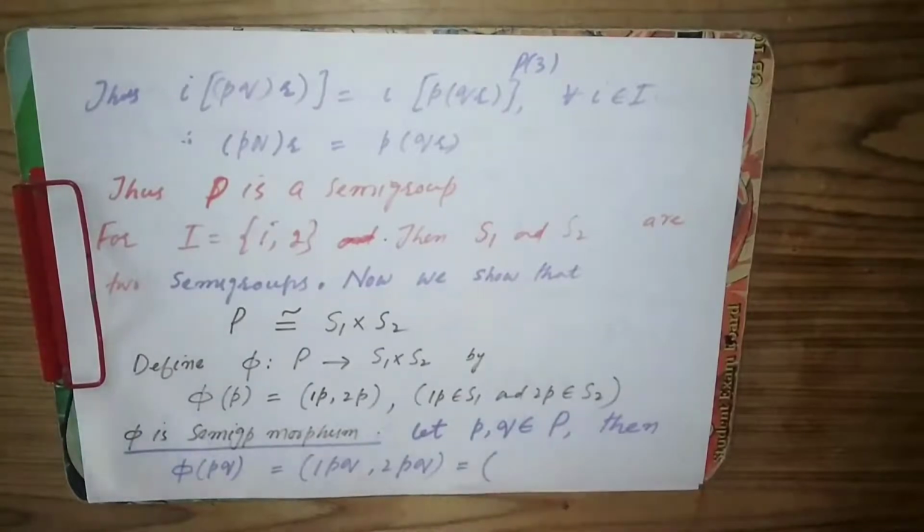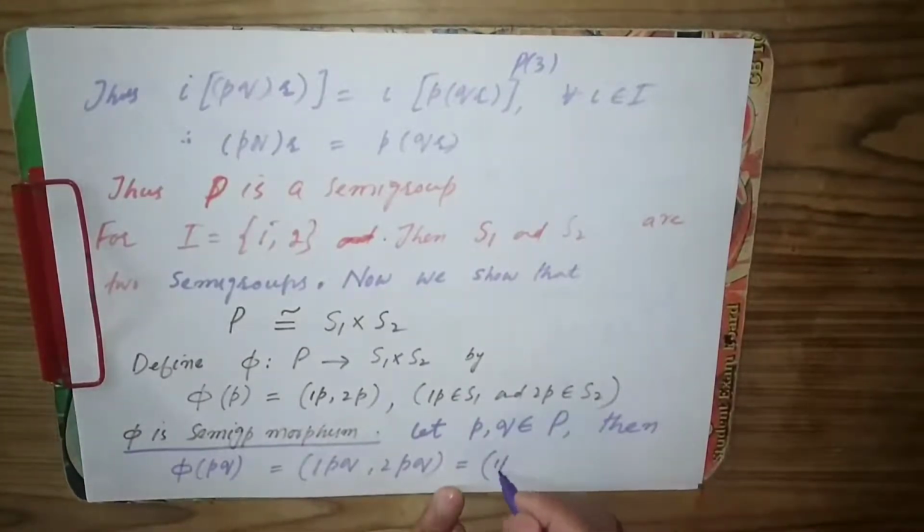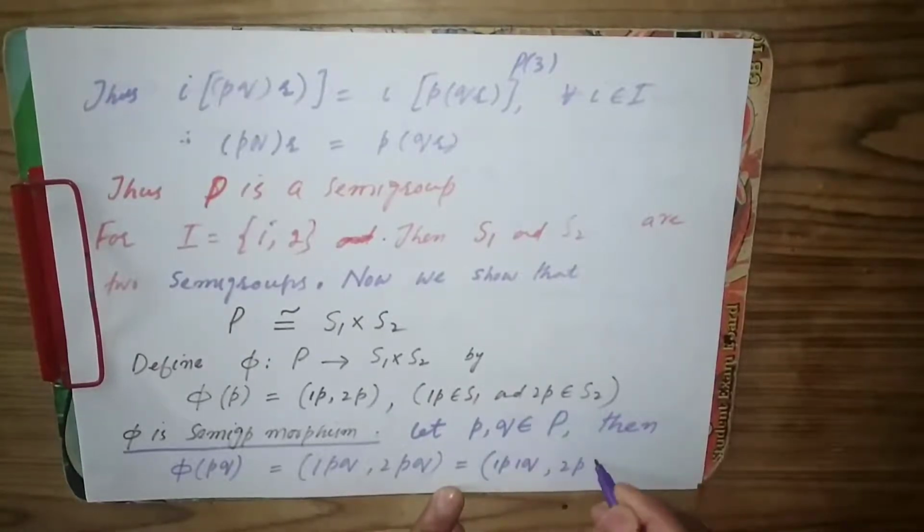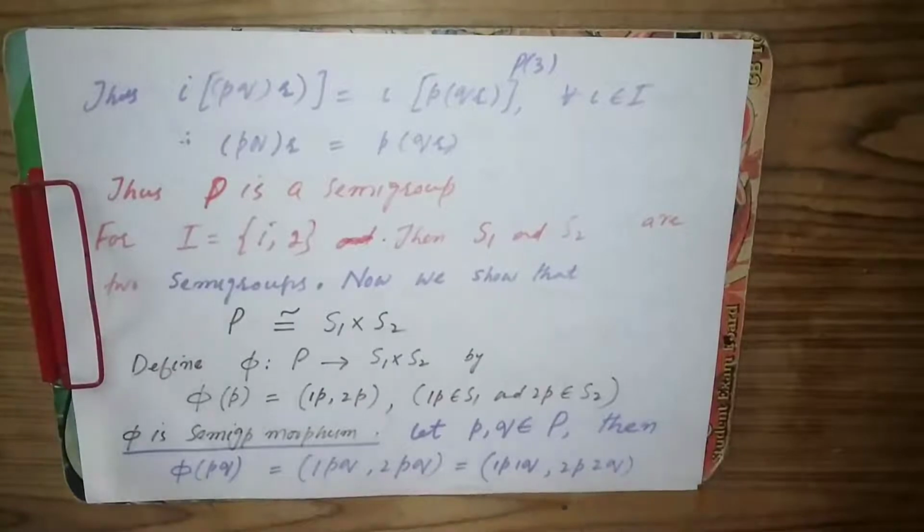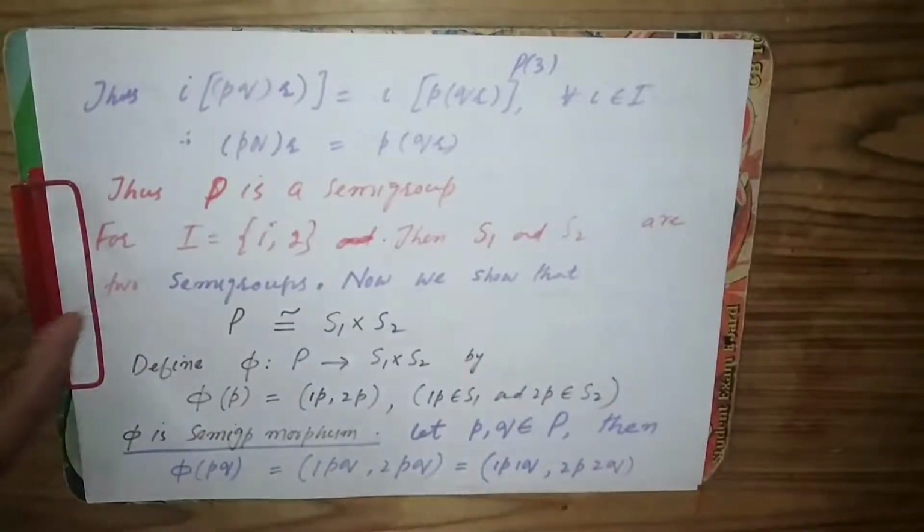Now by definition the product pq is component wise: it's (1p 1q), and here it's (2p 2q). Again it's an element of S1 cross S2, and in S1 cross S2 the product is component wise, so it's equal to this.